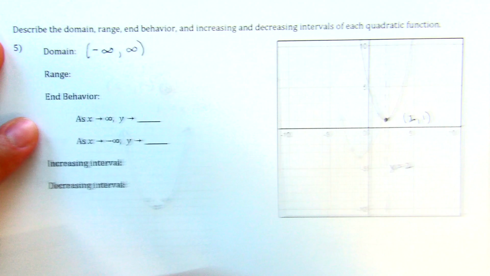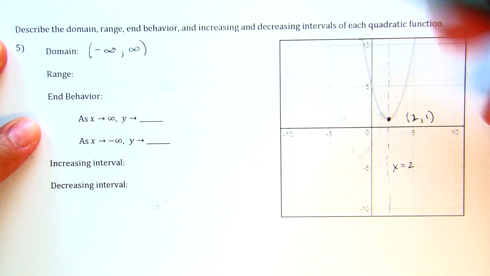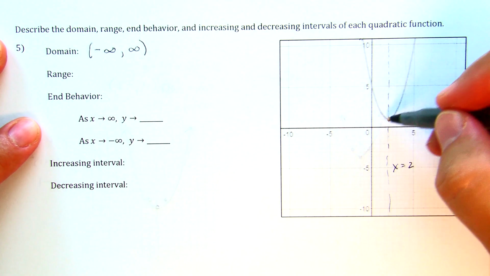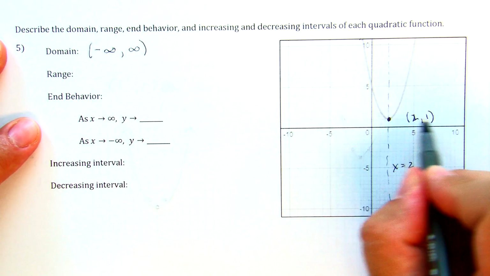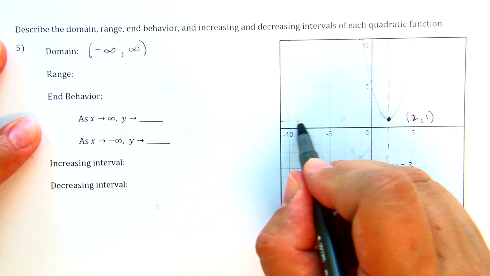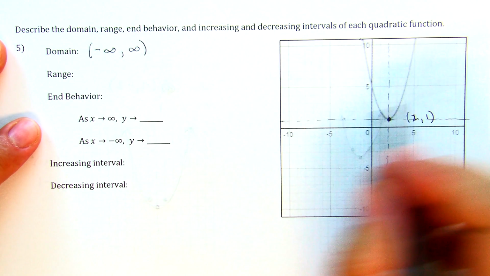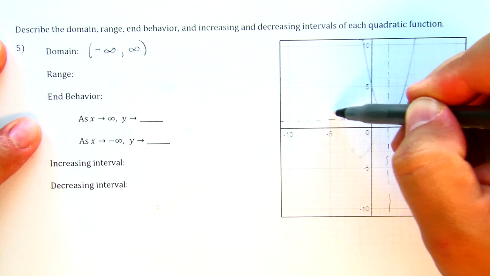The range. Well, if you look at the graph, and you can imagine this keeps going on forever up both sides, everything in this graph is at y equals 1 or above. So we can imagine a line that runs right across the bottom of the graph. Everything is here and up.